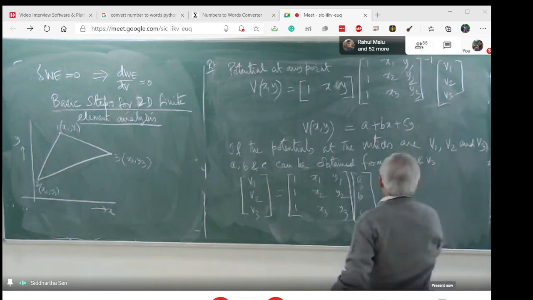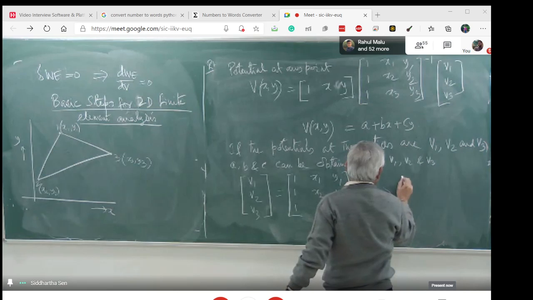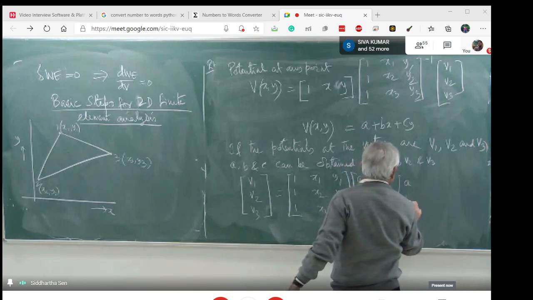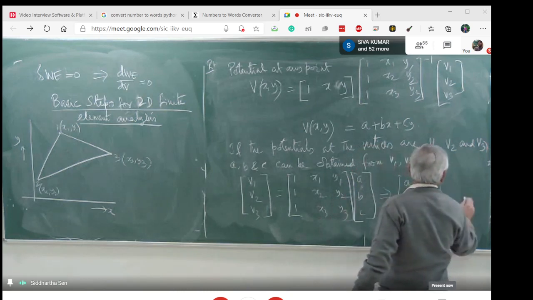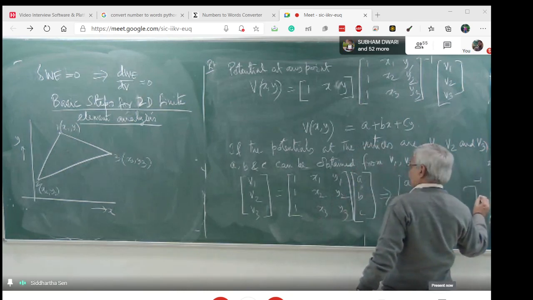So basically A, B, C is equal to this matrix inverse times V1, V2, V3.